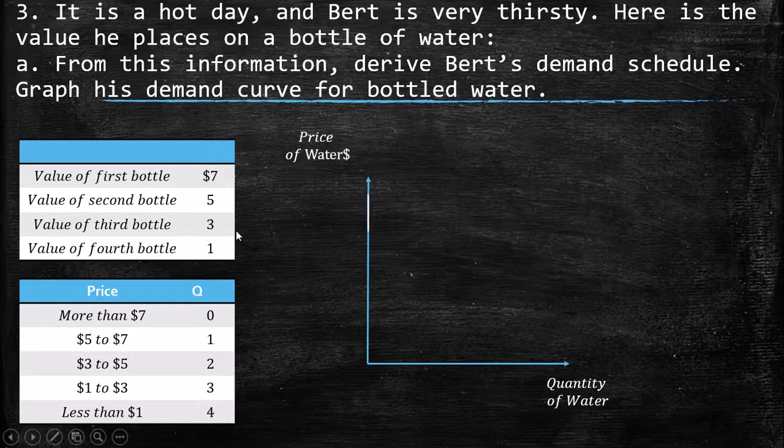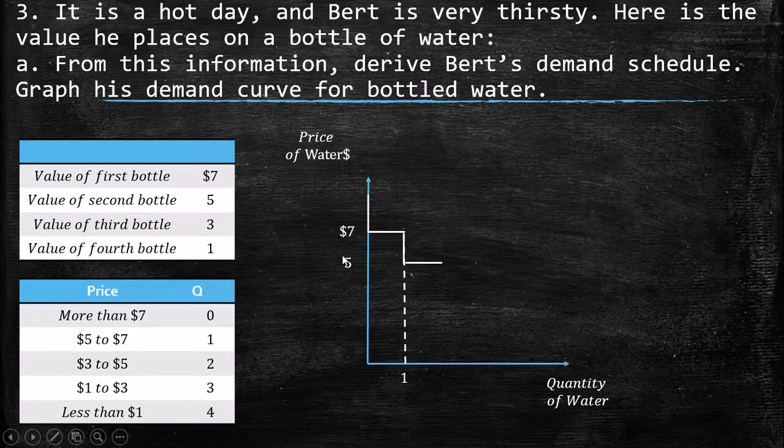So we can represent this here on this side. Here is $7. When the price is higher than 7, Bert is not going to consume anything. So we are on the y-axis. Immediately after the price is equal to 7, Bert will buy 1 bottle of water.